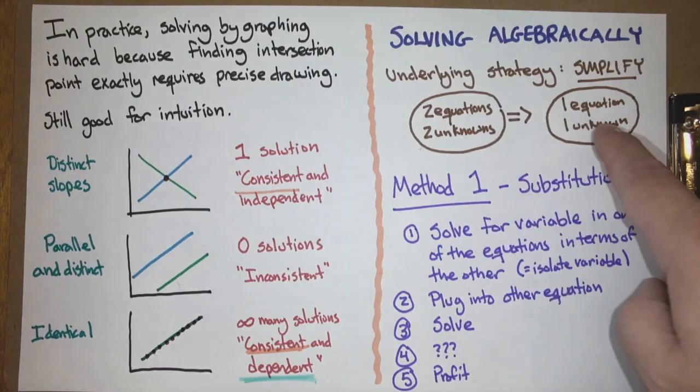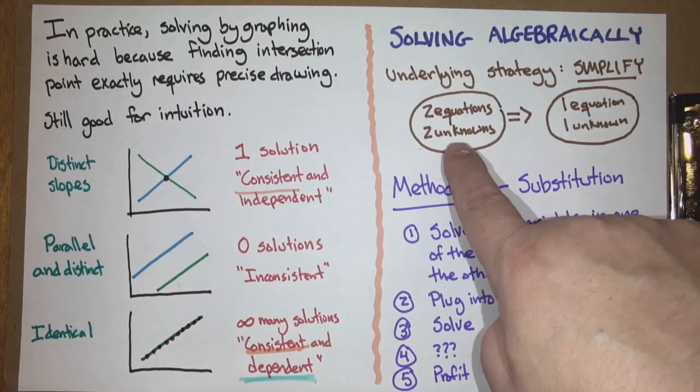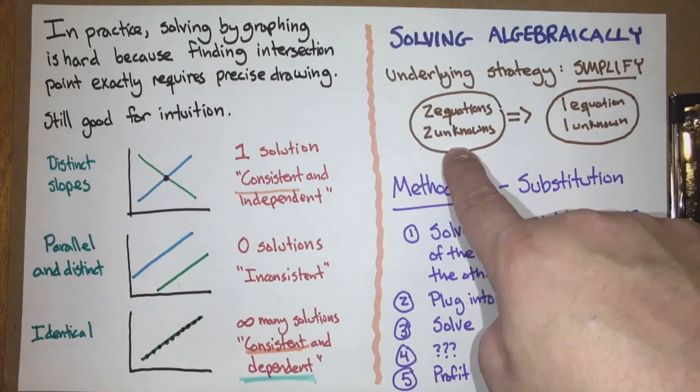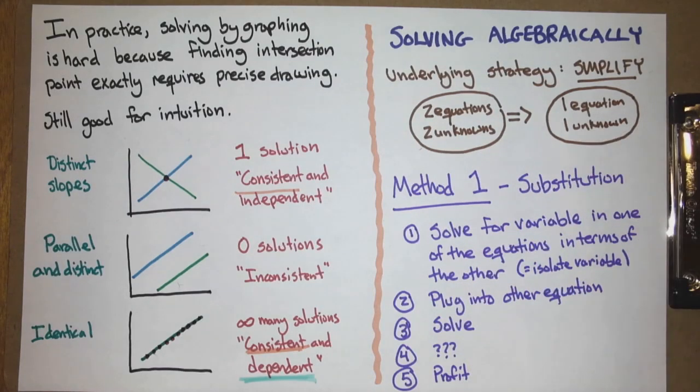There's an underlying strategy that's always going to be in play. Reduce to a simpler problem. Somehow get from 2 equations, 2 unknowns to 1 equation, 1 unknown. So the idea of substitution says I can use one equation to plug into my other equation to get rid of one of my variables.